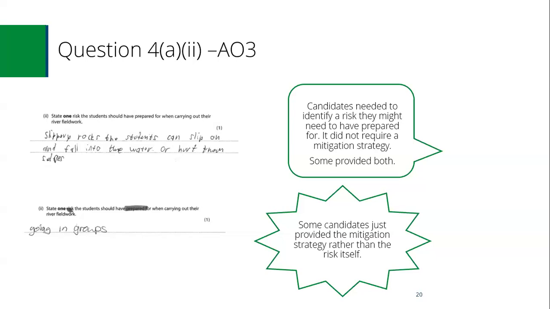But it's certainly something that all of us should be working hard at, making sure they answer the question, because sometimes they don't. In this question, with going in groups, they've not really thought it through; they've underlined risk and prepared for, but not really answered the question. While slippery rocks, where students can slip and fall into the water and hurt themselves, is a risk, and therefore it gets the full marks.